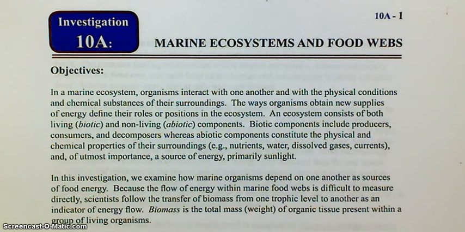An ecosystem consists of both living, biotic, and non-living, abiotic components. Biotic components include producers, consumers, and decomposers, whereas abiotic components constitute the physical and chemical properties of their surroundings. For example, nutrients, water, dissolved gases, water currents, and, of utmost importance, a source of energy, primarily sunlight.